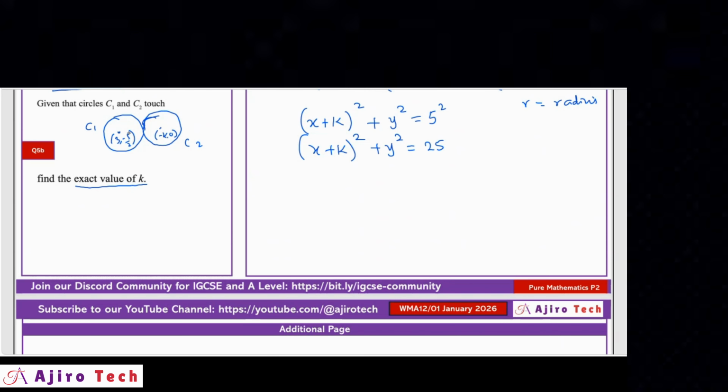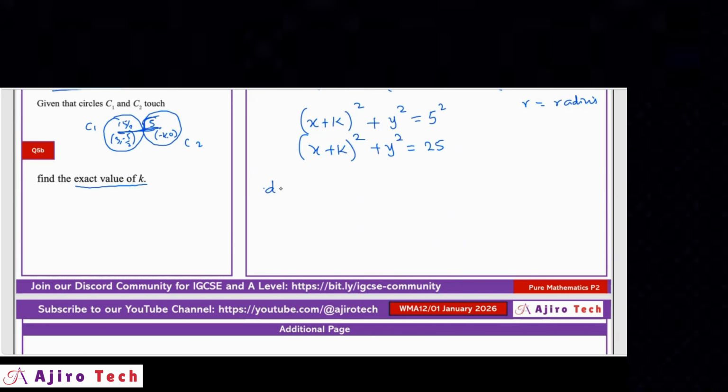Since they touch externally, the sum of the radii is equal to the distance between the two centers.